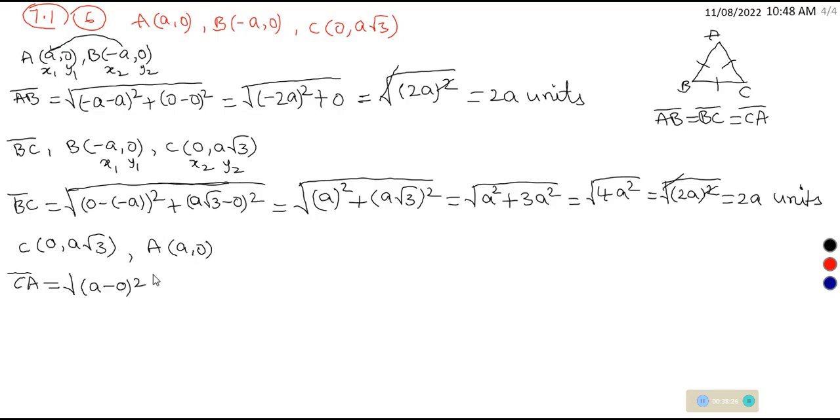Why did I write a minus 0 whole square? This is x1 y1, x2 y2. In the formula we have x2 minus x1 whole square, that's why a minus 0 whole square, plus y2 minus y1, 0 minus a root 3 whole square.